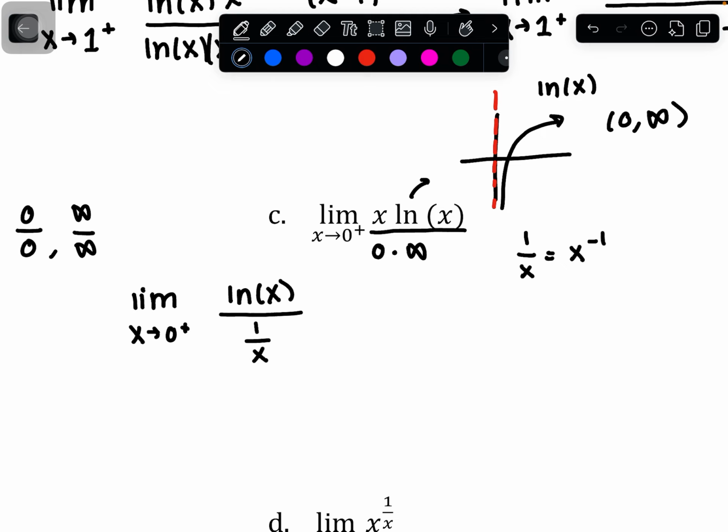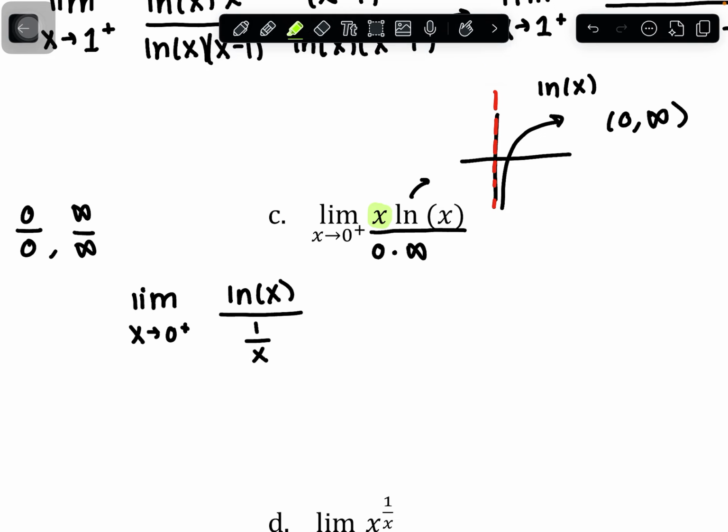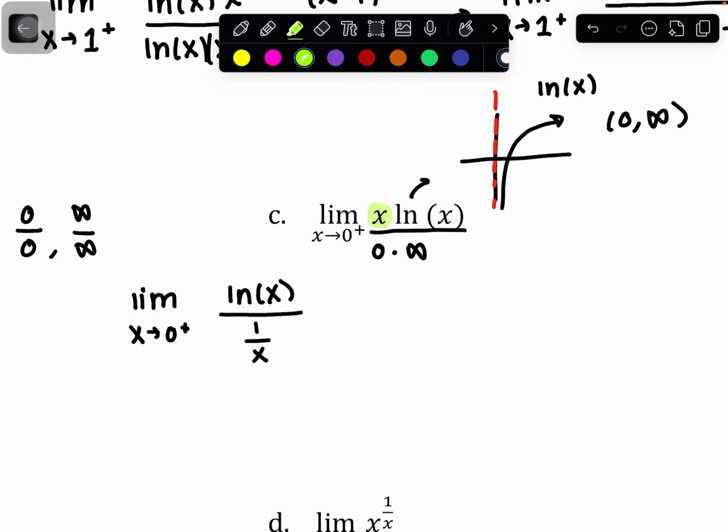So if I'm positive in the numerator, then I can be negative in the denominator. Whenever you see something like this, just put the reciprocal of one of the terms in the denominator. Go with the easier one, because you don't want to take the derivative of 1 over ln x, but 1 over x is fine.